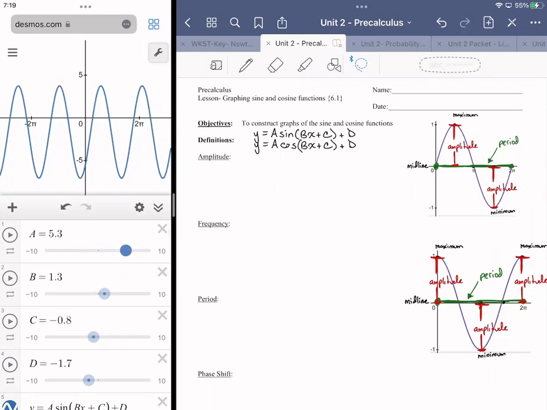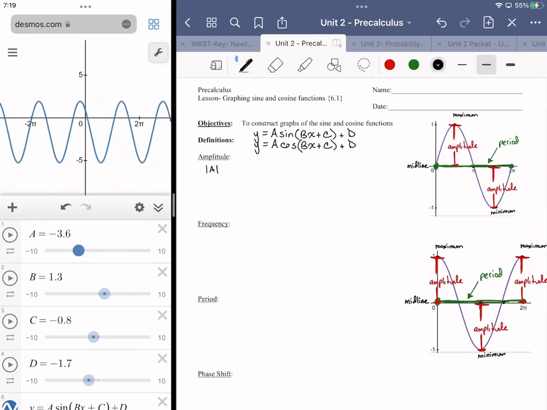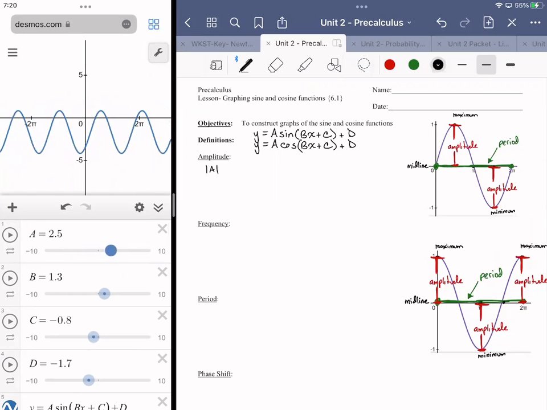Right? Stretching it vertically. So you could call it a vertical stretch. The amplitude is the absolute value of whatever the A value is, because it can be negative. But what it's going to do is give us a distance from the midline.